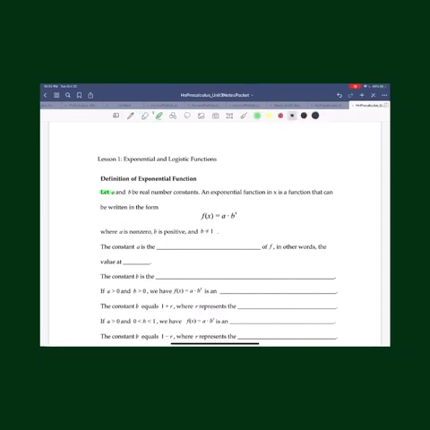So this says, let a and b be real number constants. An exponential function in x is a function that can be written in the form f of x is equal to a multiplied by b to the x.